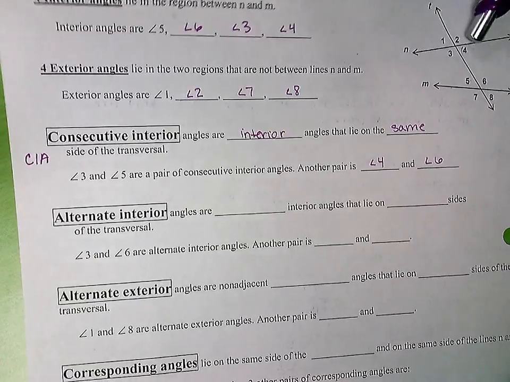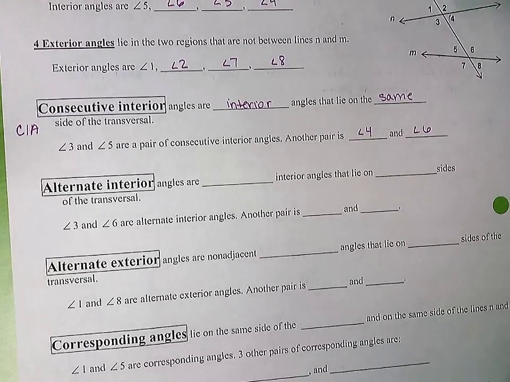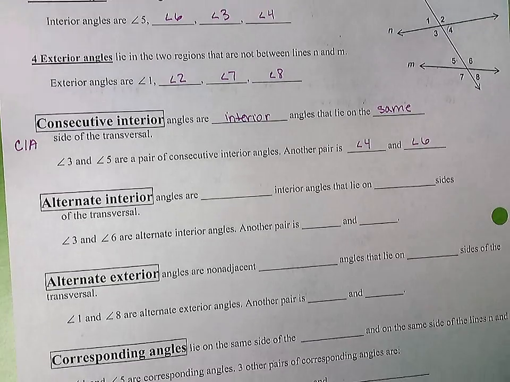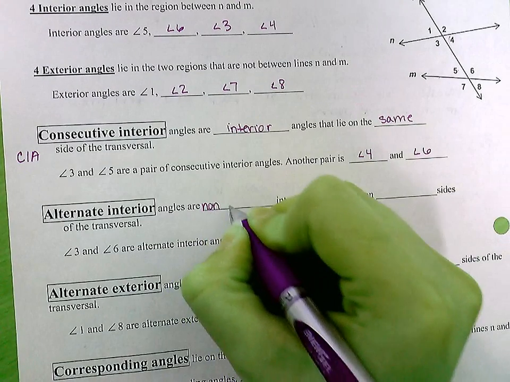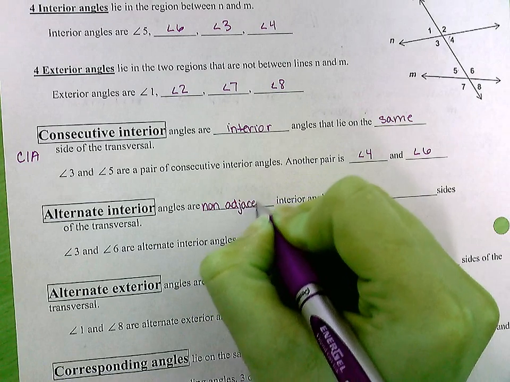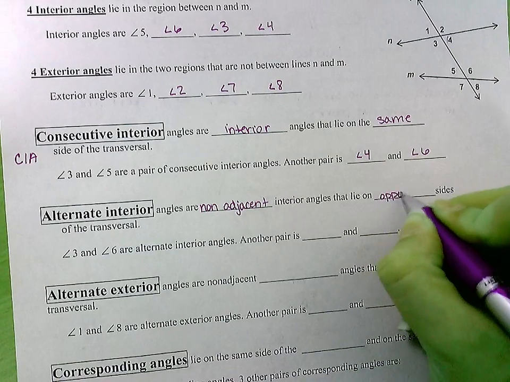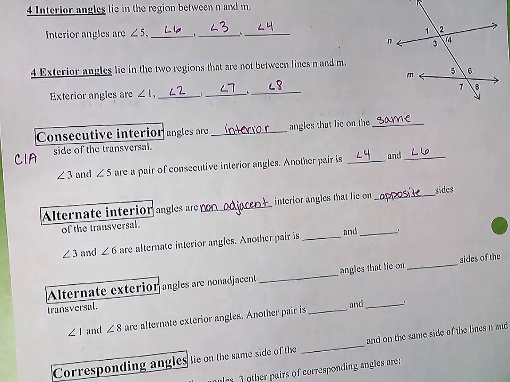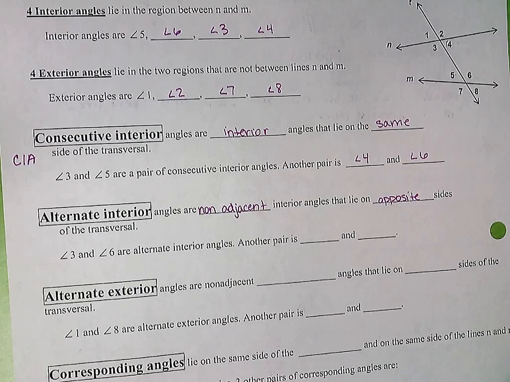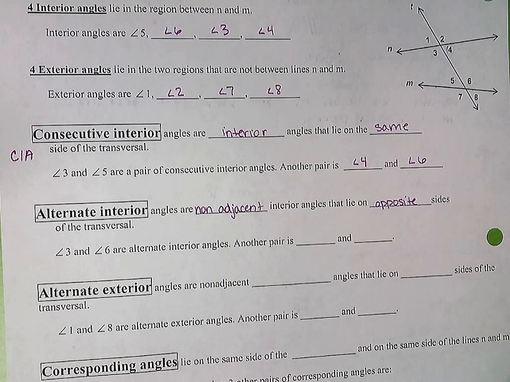The next type we have is alternate interior angles. Those are non-adjacent interior angles that lie on opposite sides of the transversal. Non-adjacent means they are not next to each other, and they lie on opposite sides, so you alternate over that transversal.